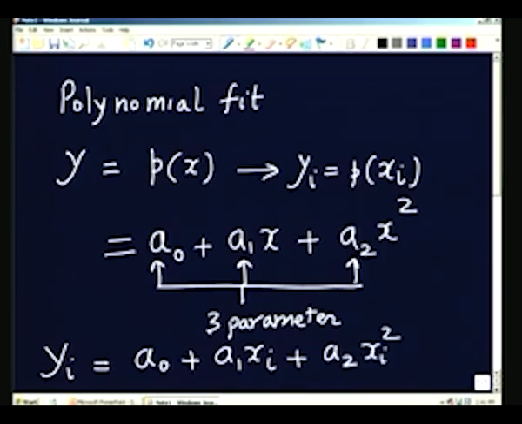So, the problem consists of determining the constants a naught, a1 and a2 by using the method of least squares, because that is common for all regression models. So, let us just elaborate on this a little more.